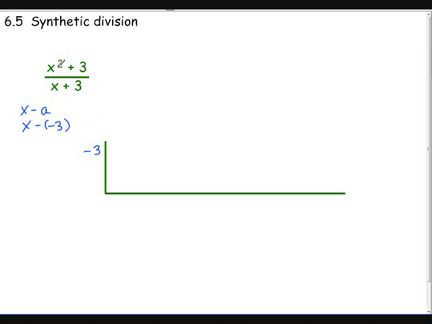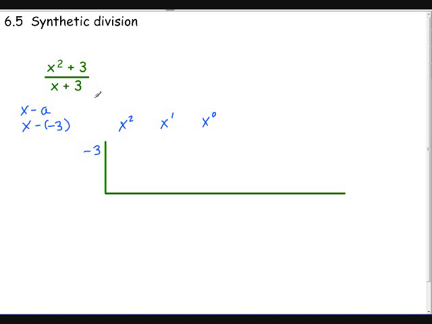And the highest power is a 2, so I've got x to the 2 here. I suppose I could write it out. You don't have to, by the way. I'm doing it for instructional purposes, but there's no need for you to do that when you do synthetic division. It's just one of the things I like about synthetic division is you don't have to write the x's. So there's no reason why you have to write those out.